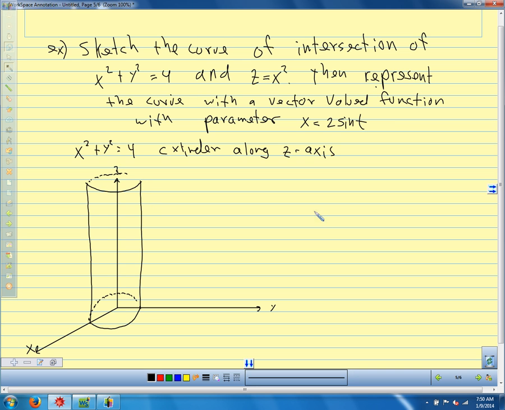Now how about z equals x squared? What is that going to give us? We get a parabola, or traces a parabola in which plane? The xz plane. So our surface in 3 dimensions is going to be what?